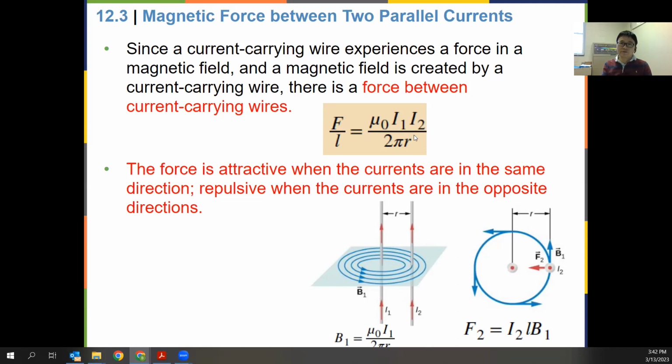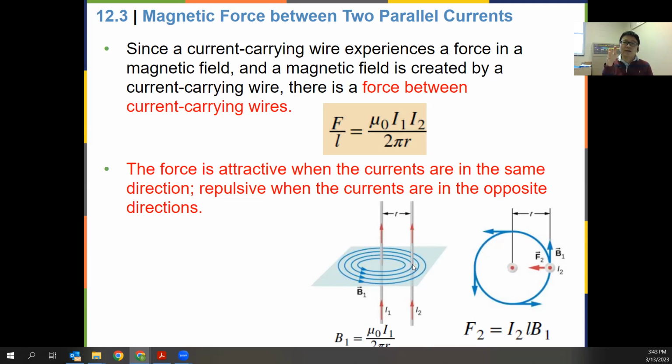So you calculate B1 first and then use I L B for the force on this wire. I is in this direction and this one is in that direction, so use your right hand rule for the B field produced by the first wire at the location of the second wire. That's going into the paper.